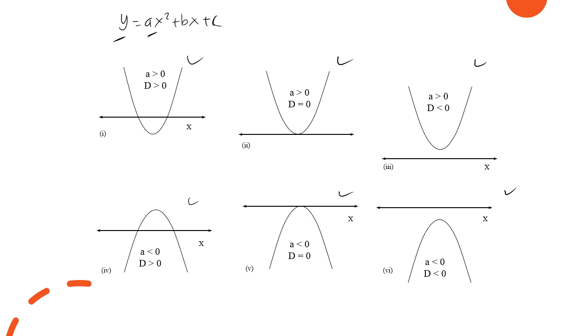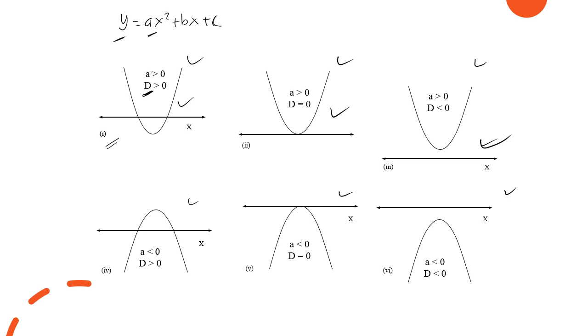The difference between 1 to 3, with the same open up curve, is that the first one is cutting the x-axis, this one is touching the x-axis, and this one is floating from the x-axis. How to know which one is cutting, touching or floating is through the D here.